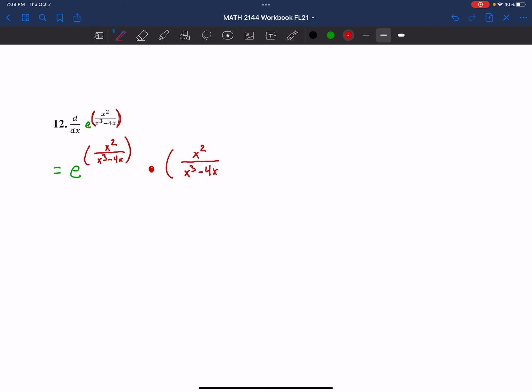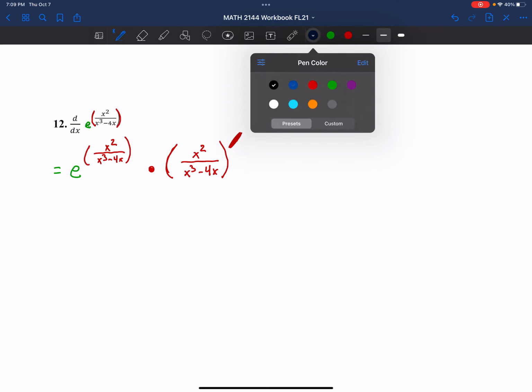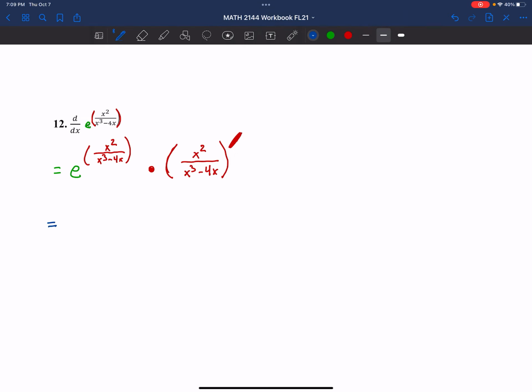So again, instead of doing all the work right here, I'm just illustrating it. And I'm going to illustrate it by putting the little prime there saying I'm going to need to do one more step. And that one more step is going to be this coming down, e to the x squared over x cubed minus 4x. But I'm going to have to actually do the quotient rule there. So don't forget, you use your quotient rule.